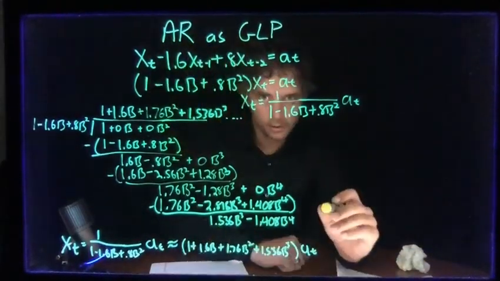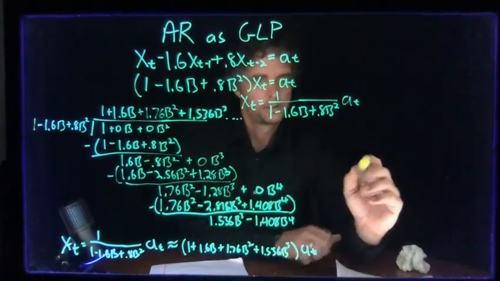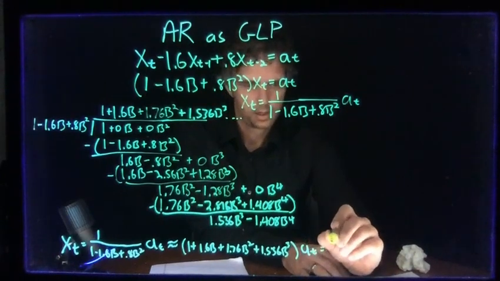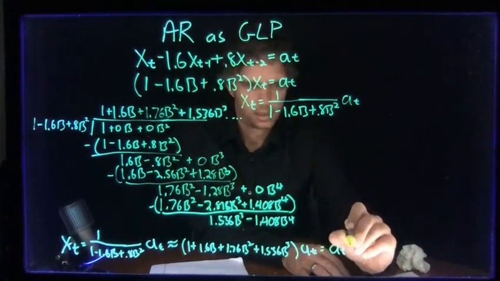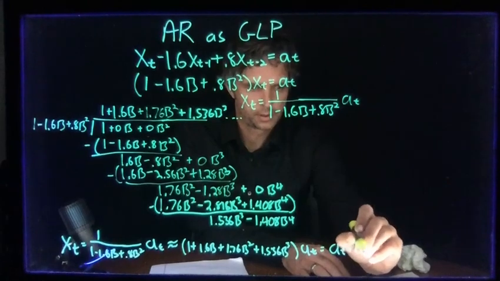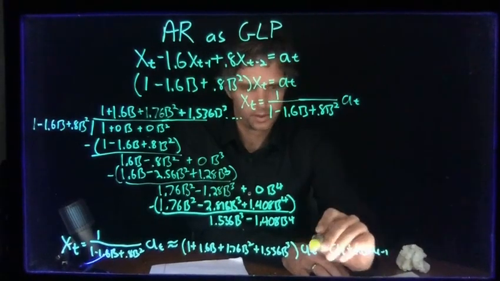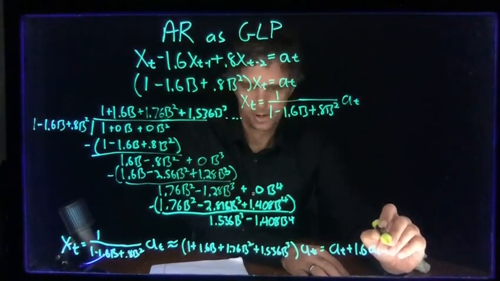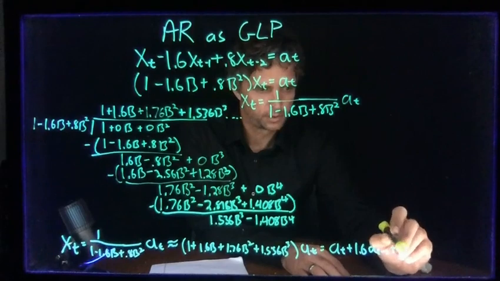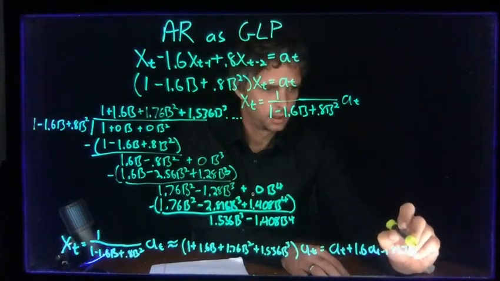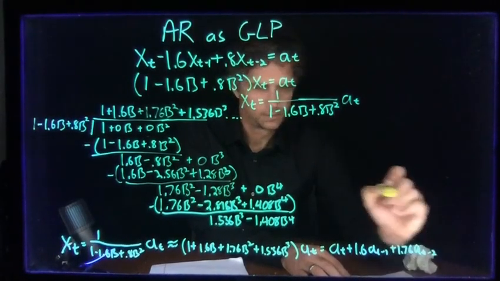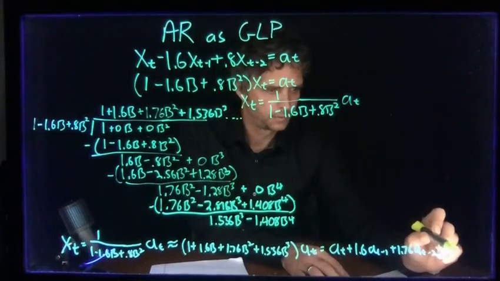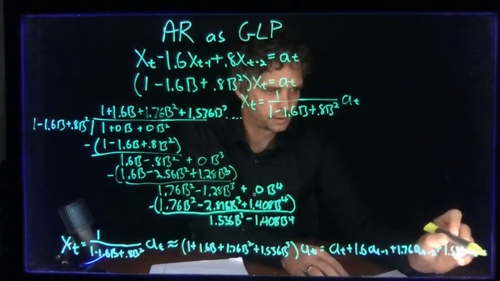So then what do we have here at the end of the day? We have that equals at plus 1.6 at minus 1, right? At times b, and are operated on by b, plus 1.76 at minus 2, and then plus 1.536 at minus 3.